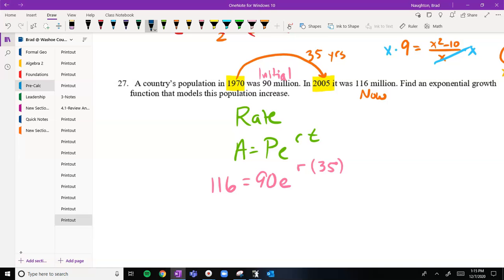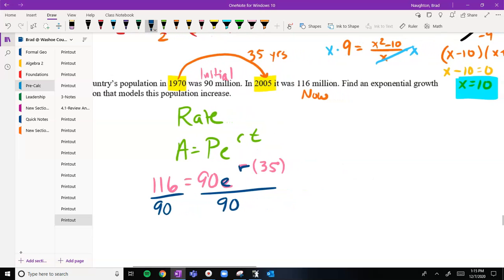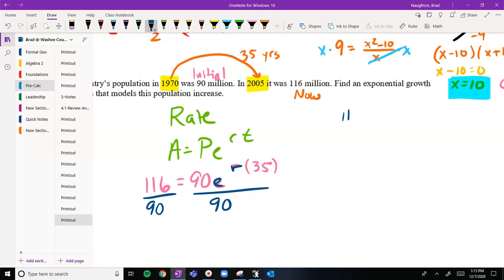Because this e to the r is my actual exponent here, I can divide both sides by 90. So we're going to have 116 over 90 is equal to e to the 35r. So ladies and gentlemen, boys and girls, we are going to go ahead and convert this.